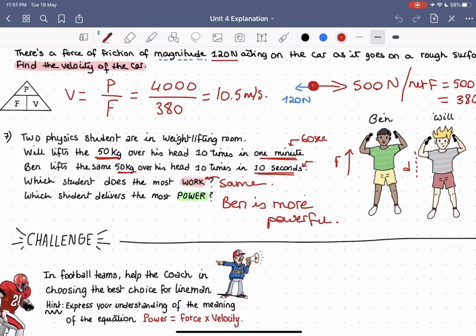That's because we know that P is the work over the time, and so if I fix the work, we can see how power and time are inversely proportional. So the less time taken in completing the work, the more power in watts.